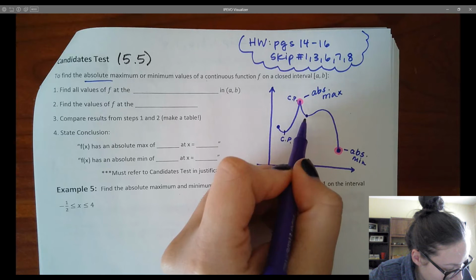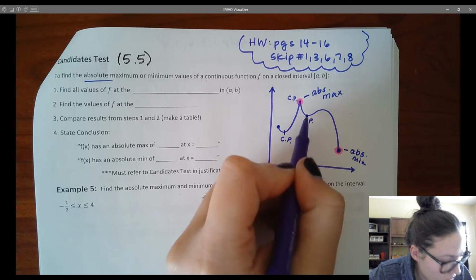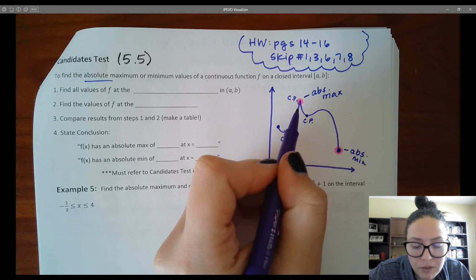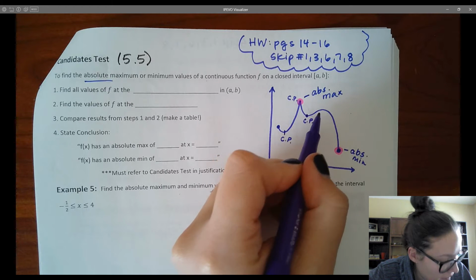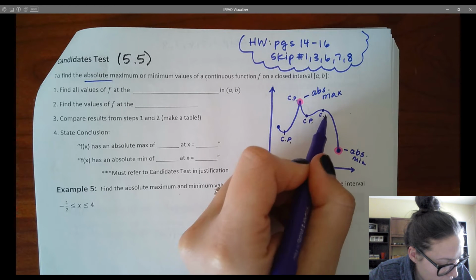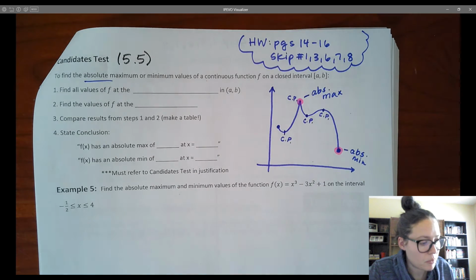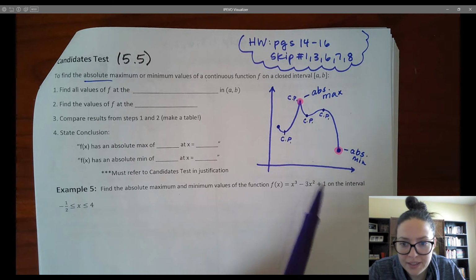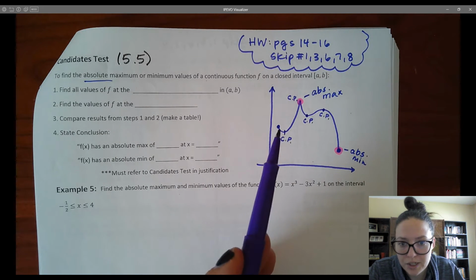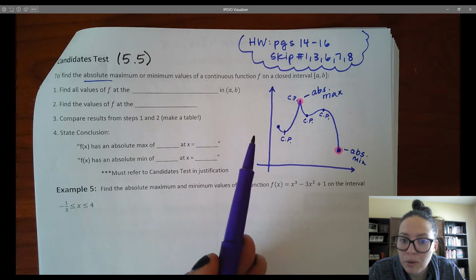We have a critical point here. The derivative is 0. We have that relative minimum. And here we also have a critical point with a relative maximum. And then these two points, of course, are our endpoints.